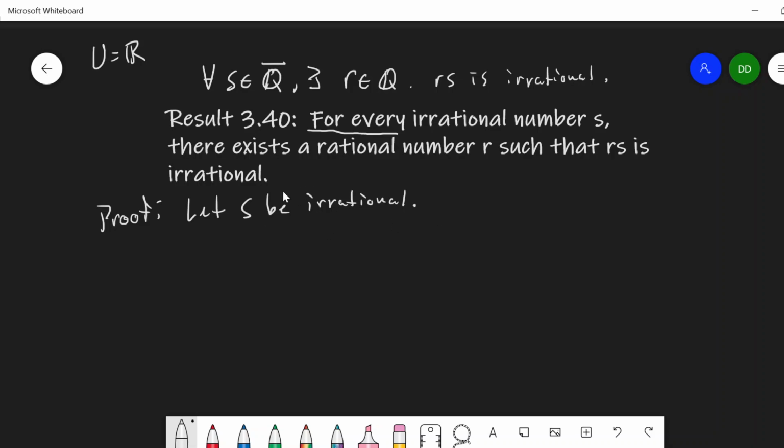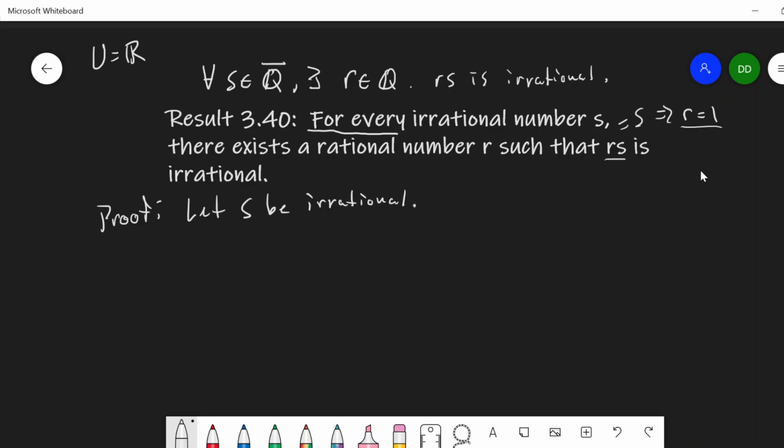S could be, say, square root of 2, or S could be pi. How can I come up with a rational number in any case and still end up with the product being irrational? Well, the idea is to not change it at all. S is irrational, and so if I can make my product just S, then I know it is irrational, and so this will be accomplished.